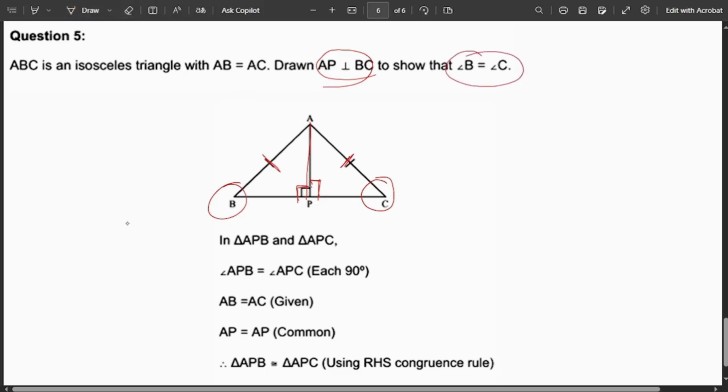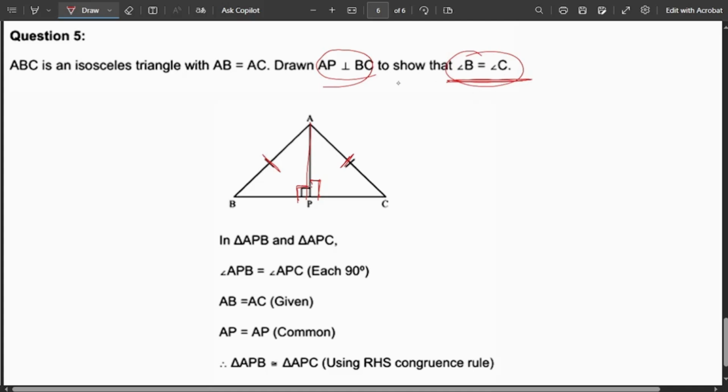Here we have to prove angle B equals angle C. Actually, it is an obvious result, but here we prove the property of isosceles triangle, so we cannot use this property.